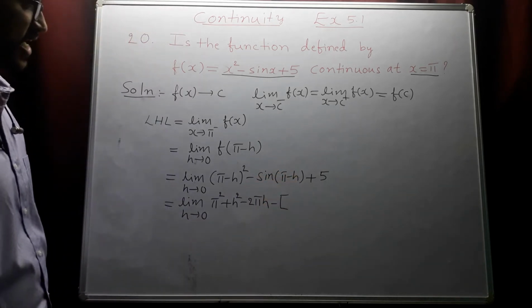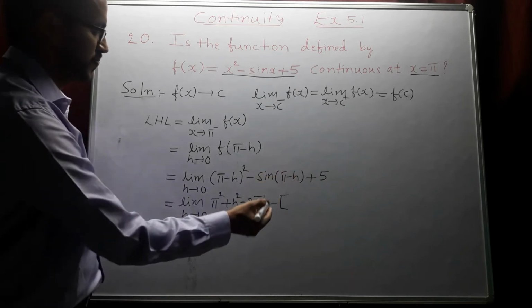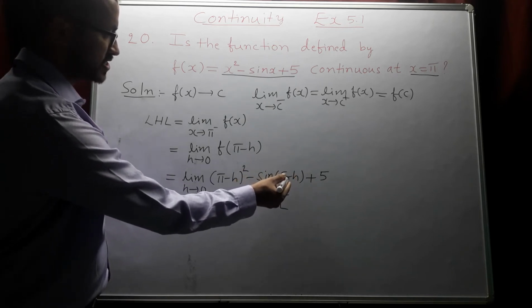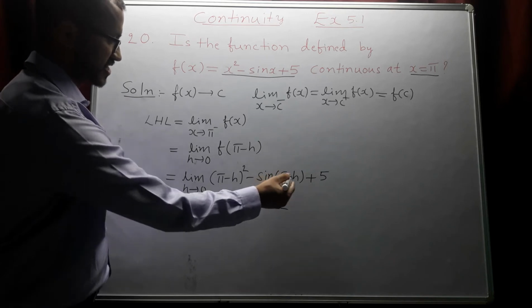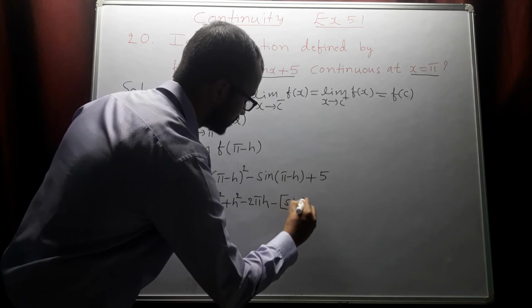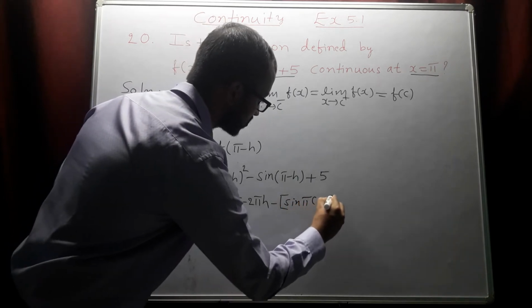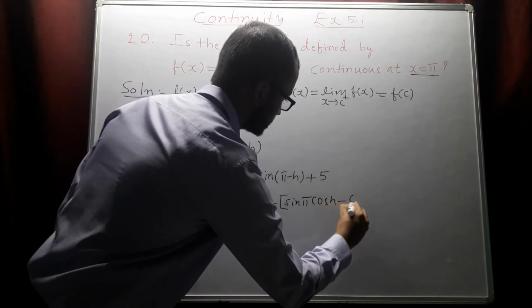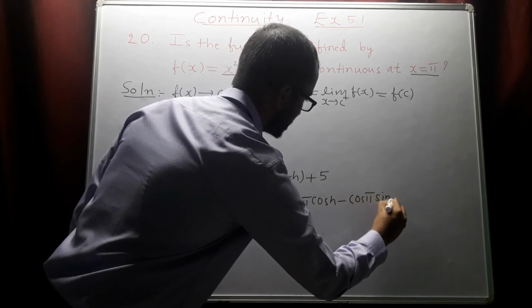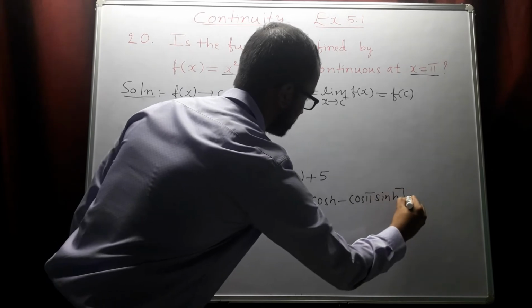We know that sin(a − b) = sin a cos b − cos a sin b. So if you expand this, we get sin π cos h − cos π sin h, plus 5.